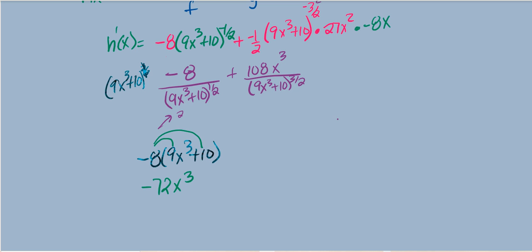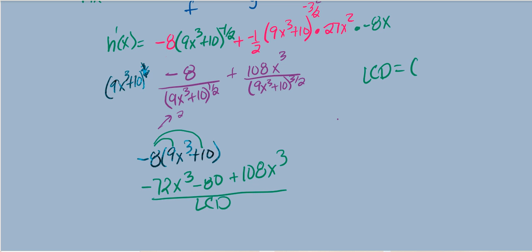Minus an 80, plus, what else is in my numerator now? Plus 108x cubed all over that LCD. And again, my LCD in this case is this 9x cubed plus 10 to the 3/2.